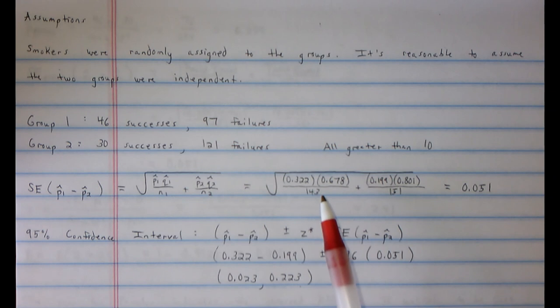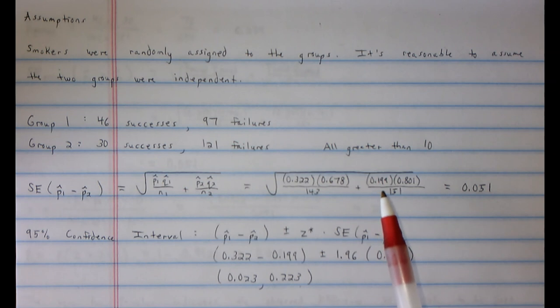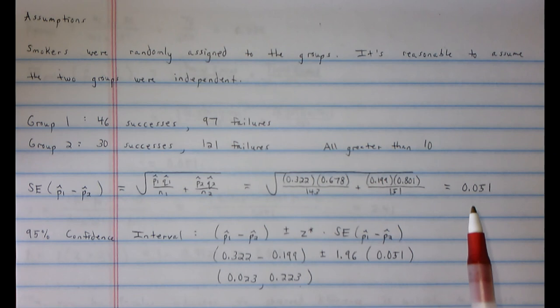And the sample size for group 1 was 143. p2 hat is 0.199. q2 hat would be 1 minus p2 hat. And the sample size for group 2 was 151. So this gives a standard error of 0.051.